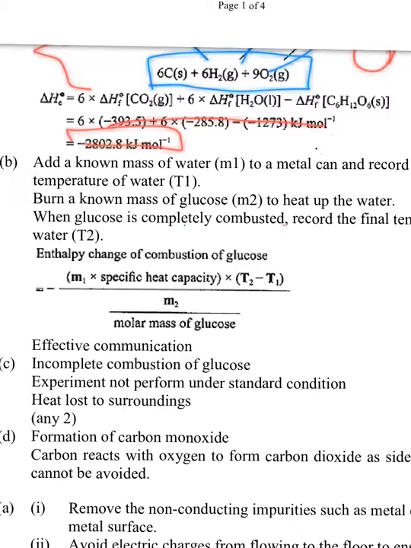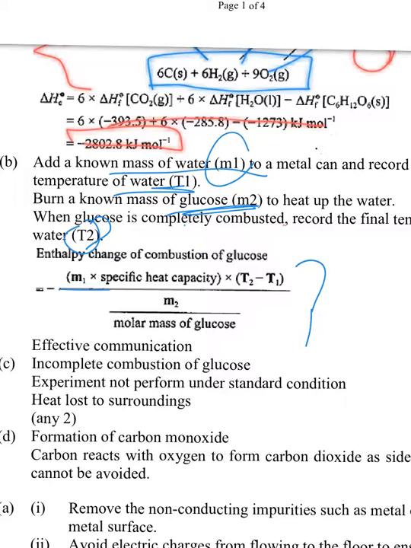Now we have a known mass of water, of course in volume because the density of water is 1. And then record the temperature T1. Burn a known mass of glucose to heat up the water, for a certain time of combustion. We measure the temperature T2 for the water, and apply this equation.